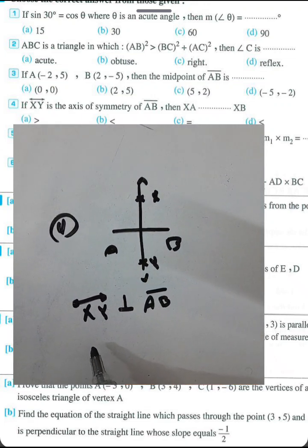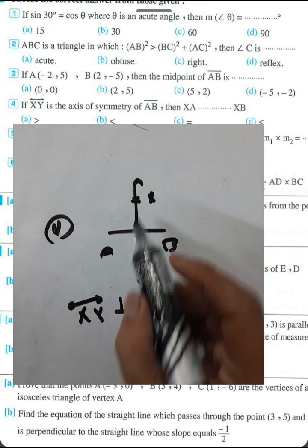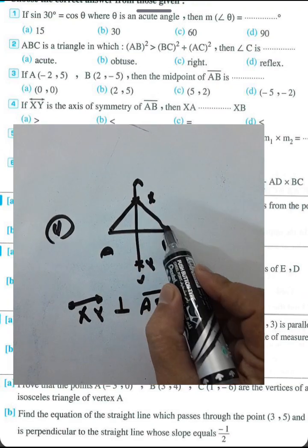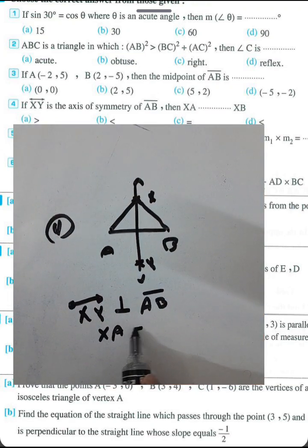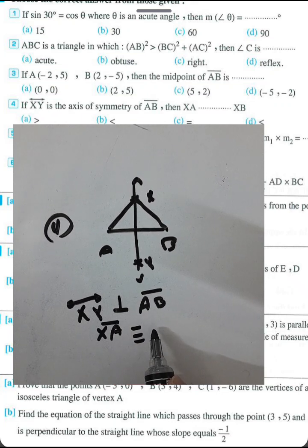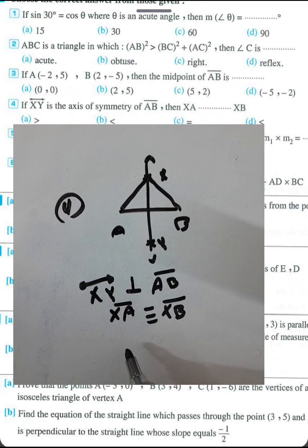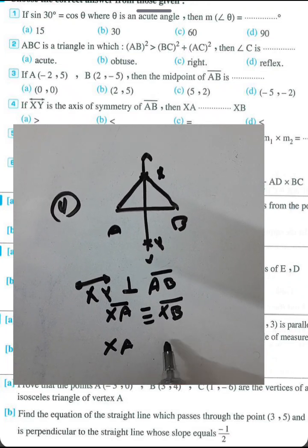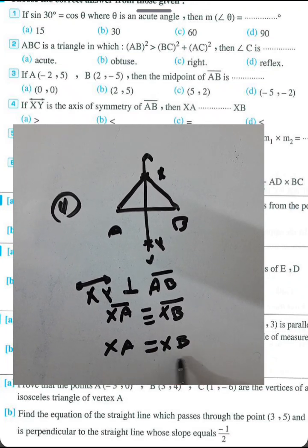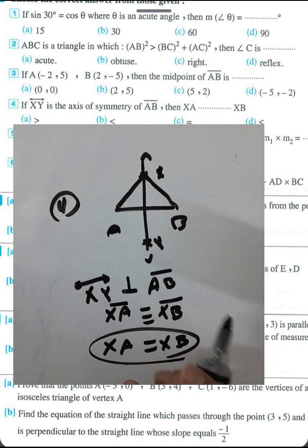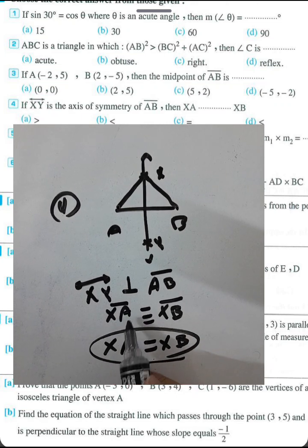You want to compare XA and XB. XA will be congruent to XB, as line segments, but right here, for XA and XB as lengths only, we must write equal to.